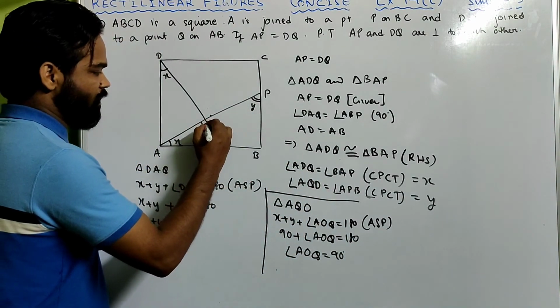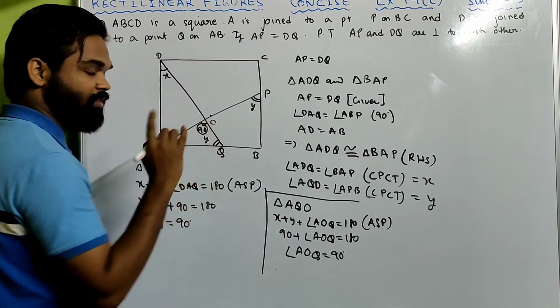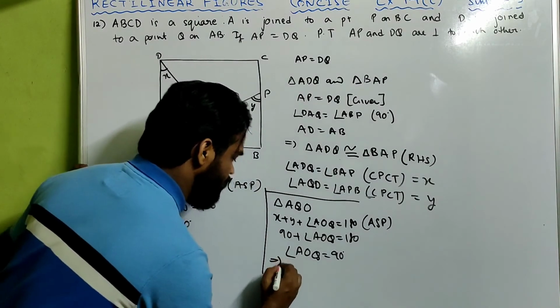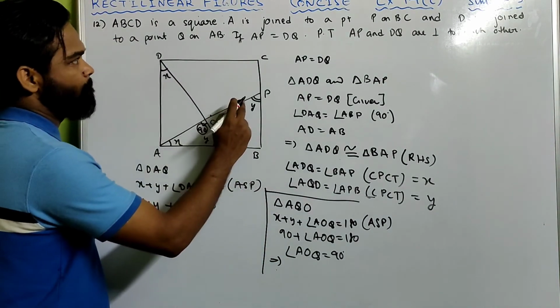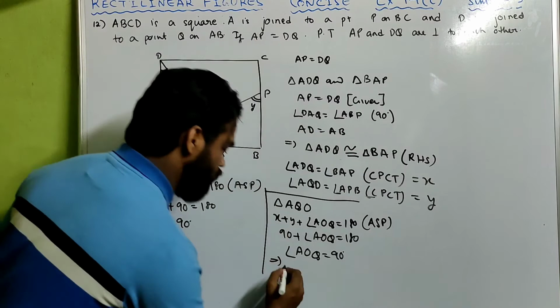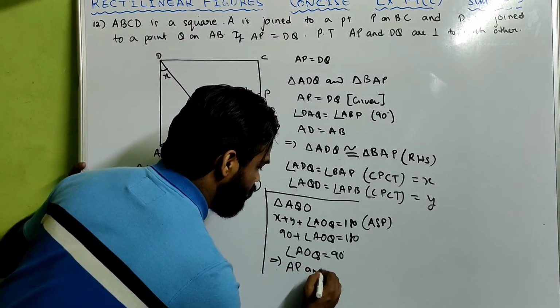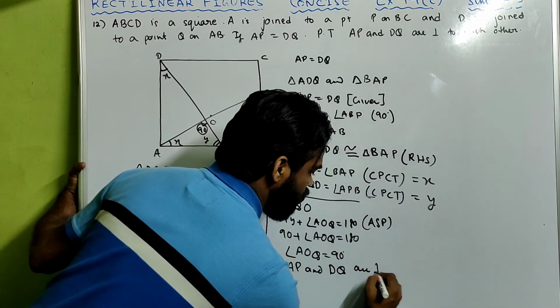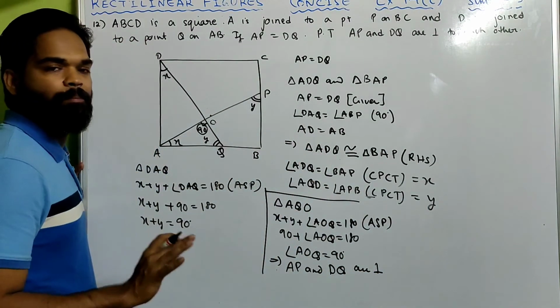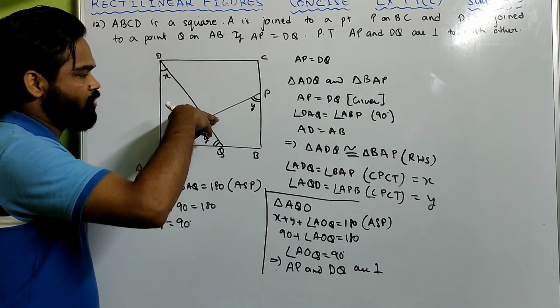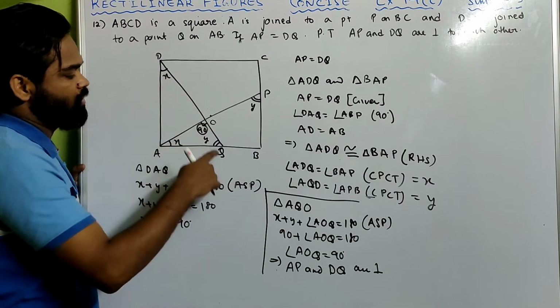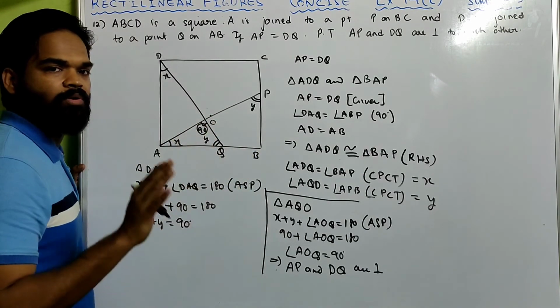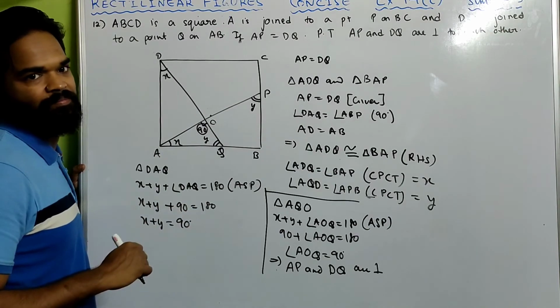Which means this angle is 90 degrees, and it clearly means that AP and DQ are perpendicular to each other. Pretty simple. We just take these two triangles ADQ and BAP, prove them congruent, our work will be done.